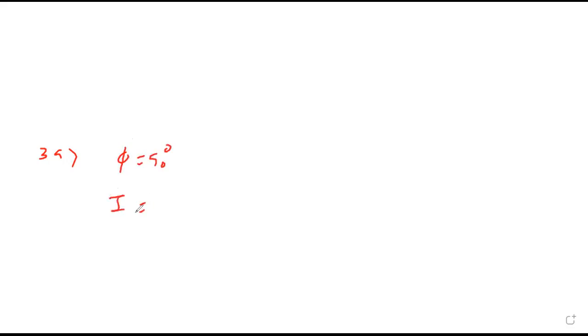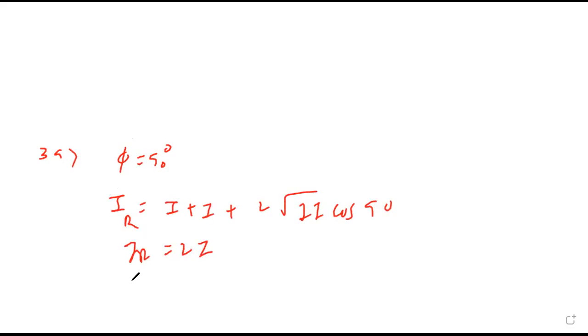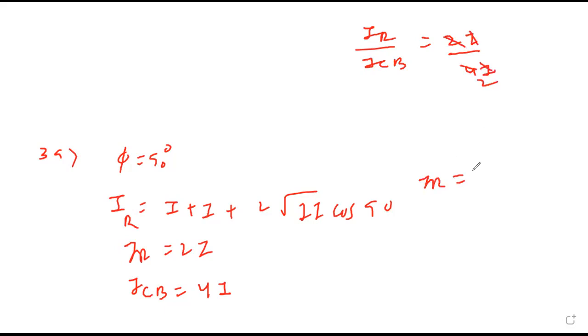So resultant intensity will be I plus I plus 2 root I cos 90. That will become 2 times I of individual. And central maxima before is 4 times I. So I resultant upon I central is 2I upon 4I, that is half. Therefore I resultant is I naught upon 2.